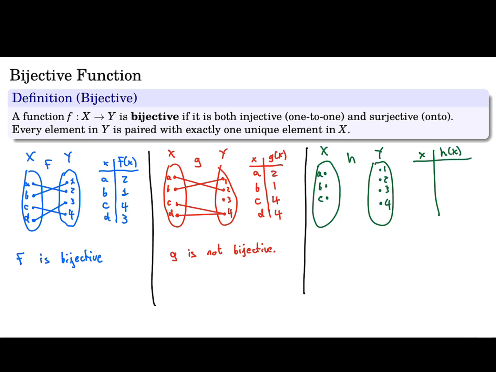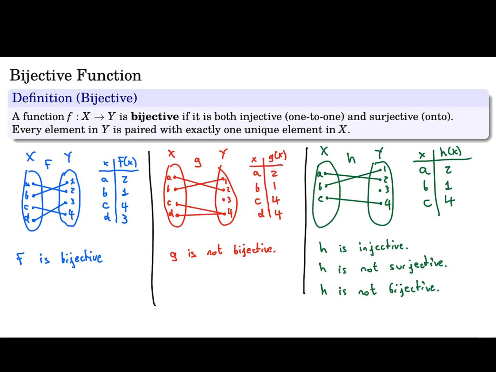Of course, we need to define something, so let's take C equal to 4 here. Then A goes to 2, B goes to 1, and C goes to 4. So in this case, h is injective, but it's not surjective. So h is not surjective, and thus h is not bijective.